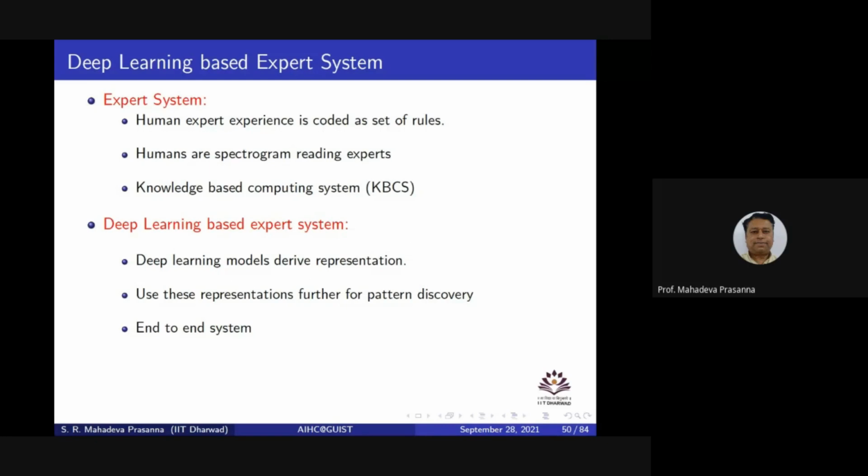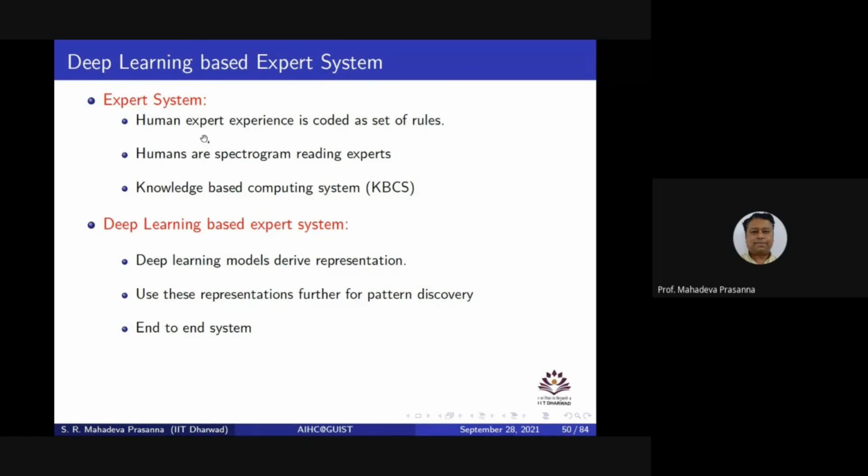Now, if you see the current performance of deep learning models, their performance is almost equivalent to human level performance in some tasks. When I say that, they have also become like human experts. Accordingly, we can call them a deep learning based expert system.